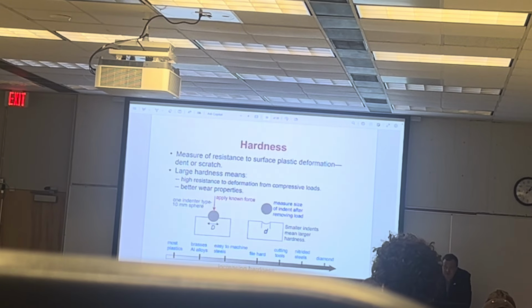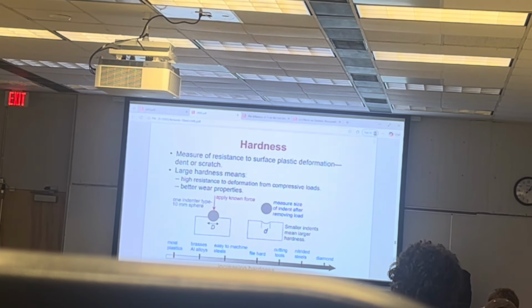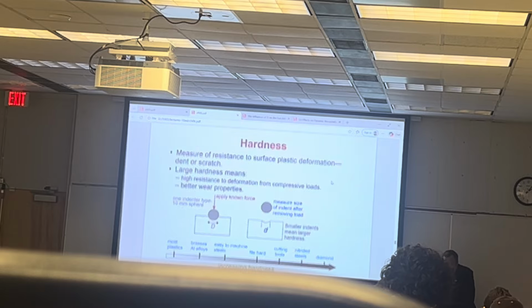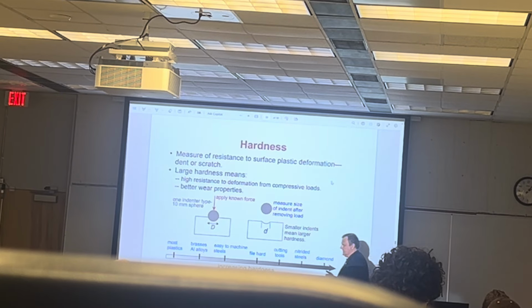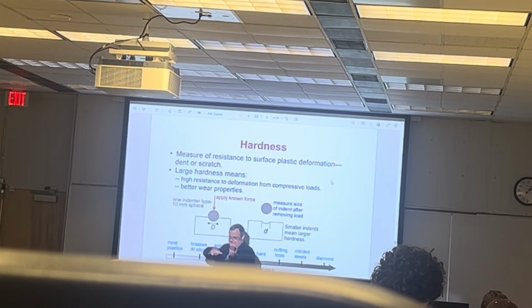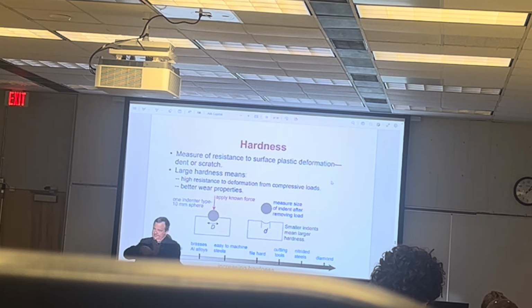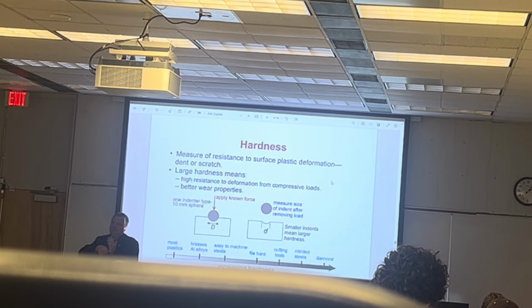All right, another measure of plastic deformation is hardness. The way hardness works is you take something small and you indent it into the surface. There are different scales which are very confusing, but I'm going to break it down for you.